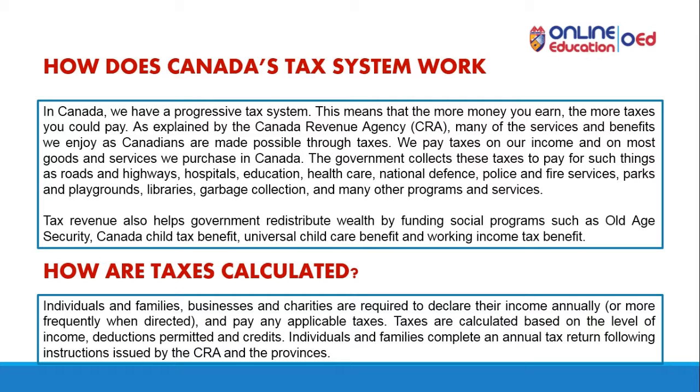What I mean is, the calculation will depend on the level of income. If your income is more than 100,000, then the taxes will not be the same as those with lower income. Individuals and families complete an annual tax return following instructions issued by the CRA and the provinces.